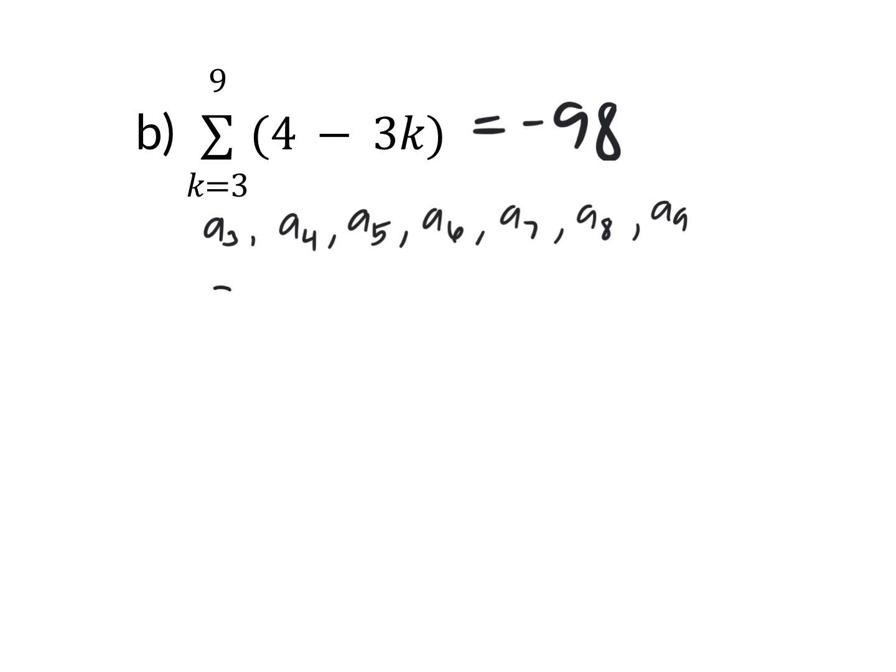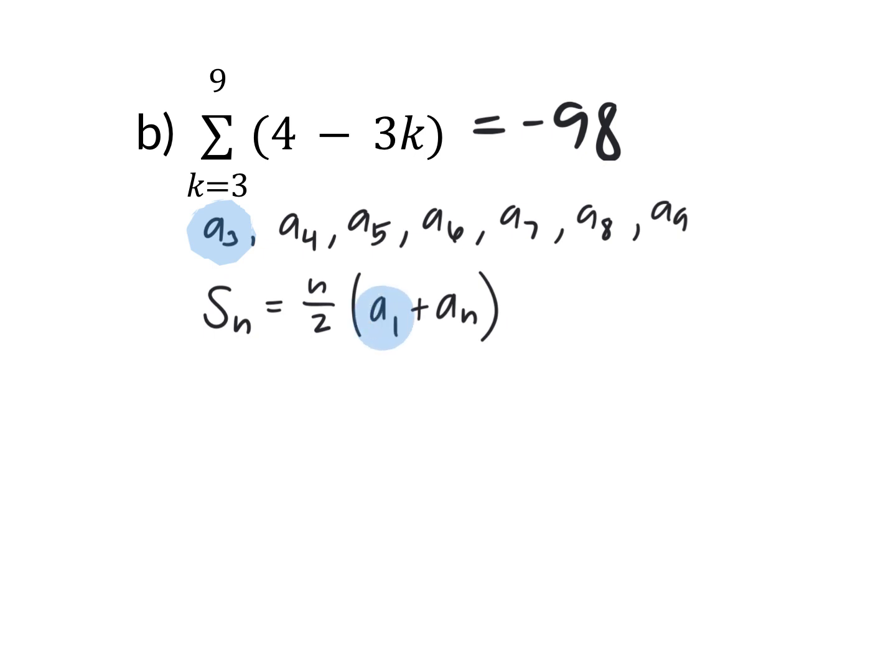So I'm going to use that same formula. S sub n is equal to n over 2 times a sub 1 plus a sub n. This is where the a sub 1 and a sub n notation is a little confusing, because do I have an a sub 1? Is that my first term in this sequence? No, I have an a sub 3, right? But this is still the first term in my sequence, so that's actually what's going to go here.